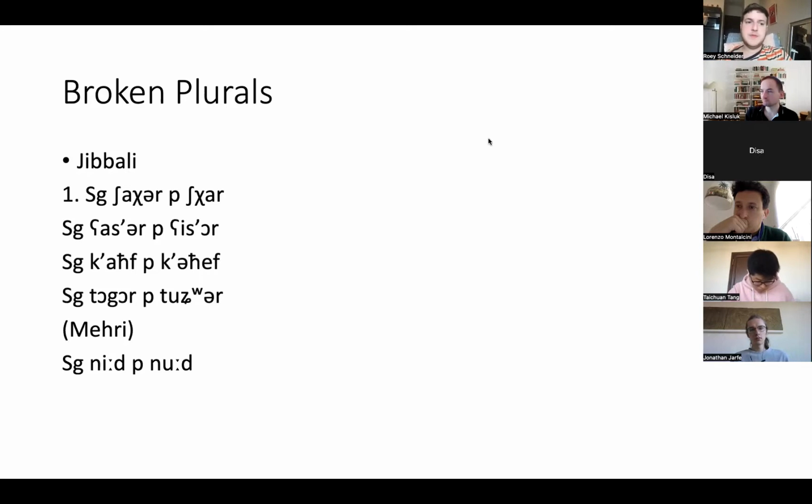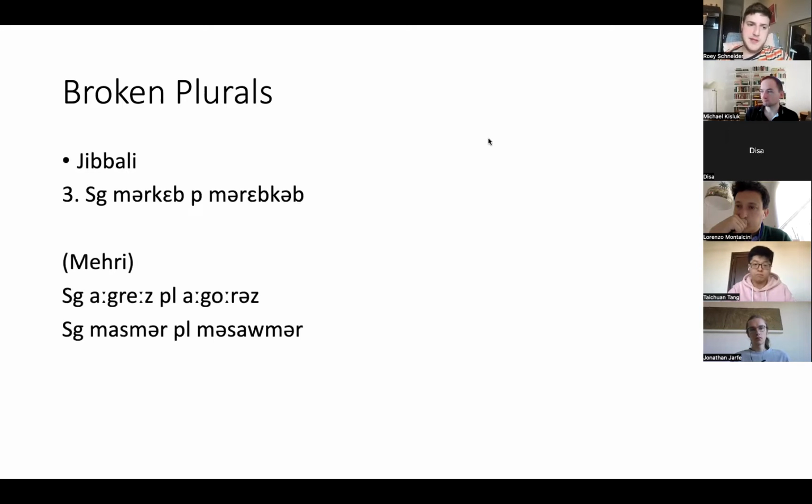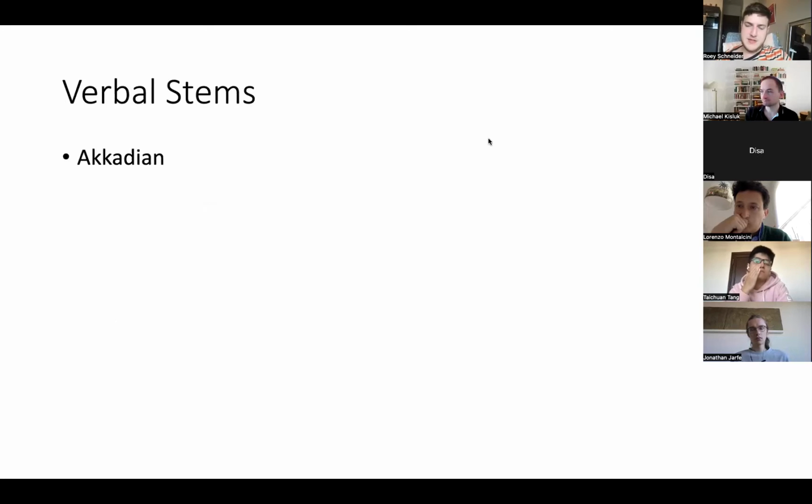So to sum up, broken plurals are believed to have been in existence in Proto-Semitic, but no one knows to what extent, because it probably was very rare. Maybe it was even a remnant of something older. It's true that these segolates are considered to be somehow related to this phenomenon, like a change in the stem from the singular to the plural. This could be something related to the beginning of this.